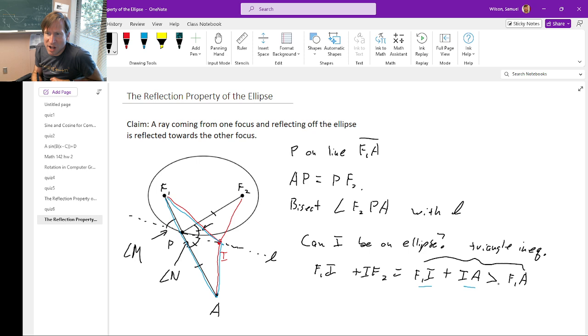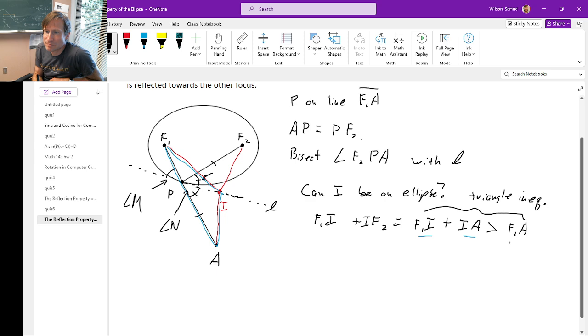Okay, but F1 to A, remember, so now I'm going to work on this F1 to A right here. F1 to A, that's the distance from F1 to P plus the distance from P to A. But remember, the distance from A to P is the same as the distance from P to F2.